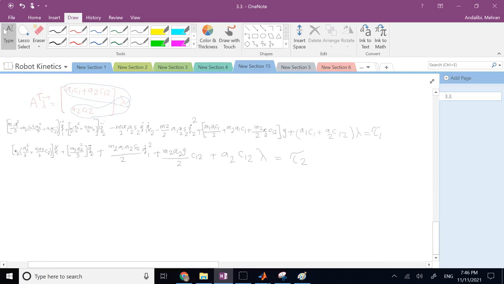Now definitely you have three unknowns this time. You have the double dot terms that are your unknowns, and you can see them in both equations, and you also have this lambda, assuming that you have your tau, so you're doing a forward dynamics problem.